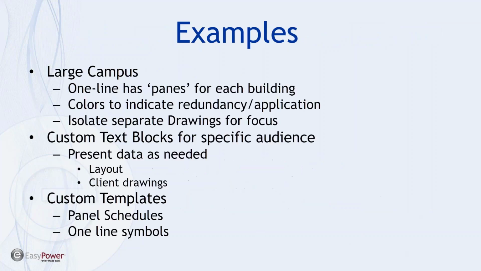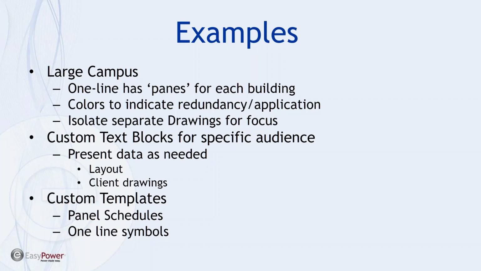What you're going to see here in this example is effectively a large campus environment, and on my OneLine I'm going to create panes for each building, which will allow me to isolate it and remove or reduce the spaghetti factor as I have a complicated drawing. And I'm going to use the colors to indicate how that redundancy can be utilized or focused.